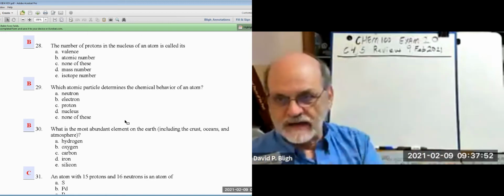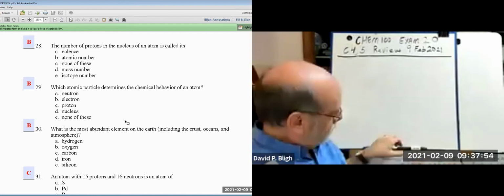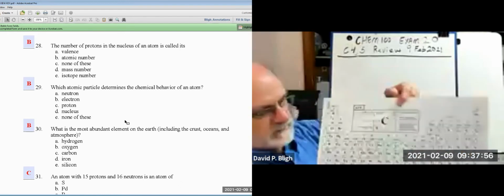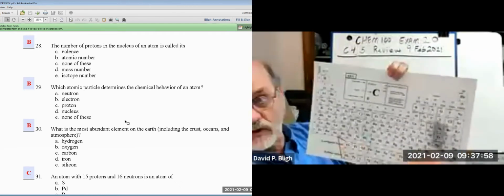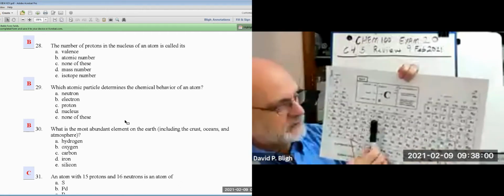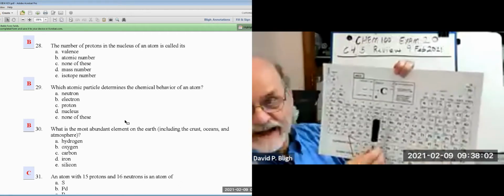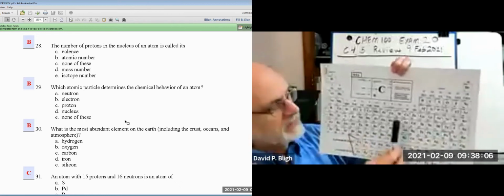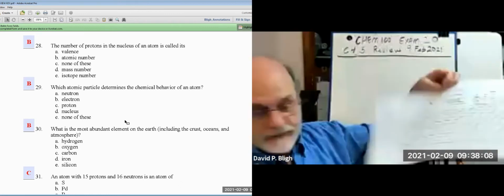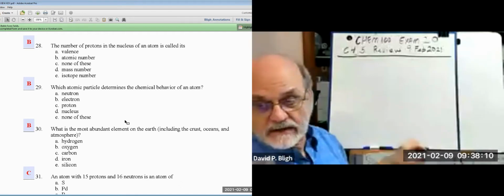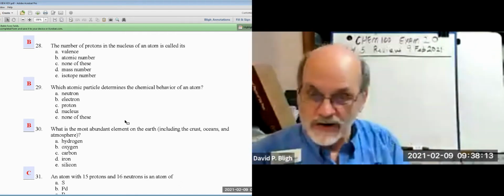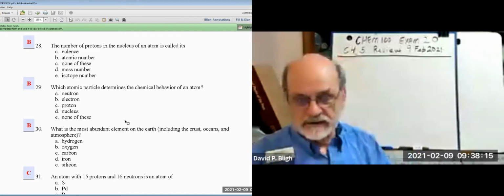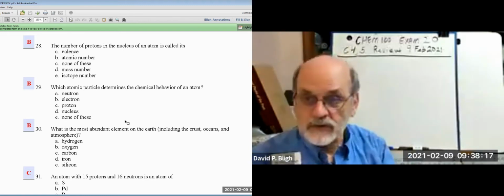And he found that his elements fit in the chart, right? And they were sequential, right? This one would have an N for his formula of 26, and cobalt then would have a 27, and nickel would have a 28. So he discovered the atomic number before they knew what it was related to. Now we know that it's equal to the number of protons.